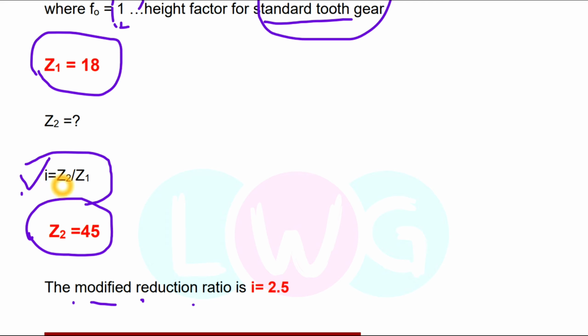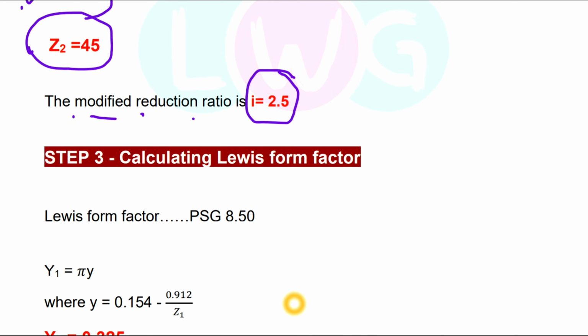Z2 will be 45 divided by 18, and we will get the i value, which will be 2.5. Sometimes the value remains the same as given in the question, but sometimes the value changes, so we have to find this modified reduction ratio value. So i will be equal to 2.5.